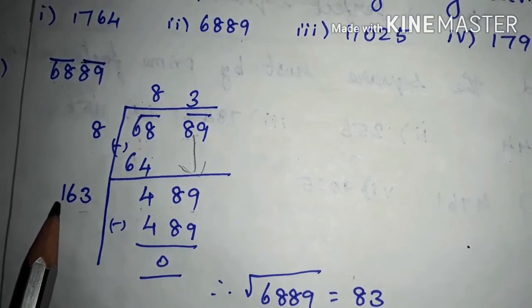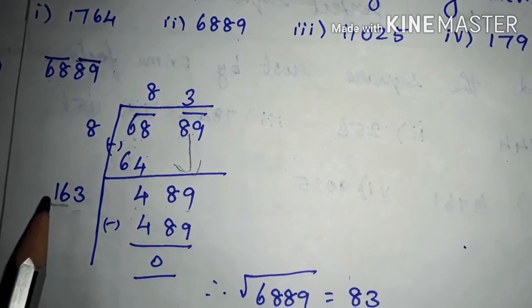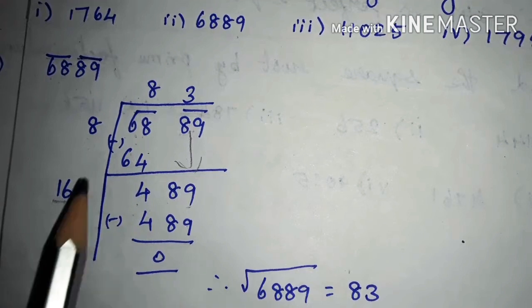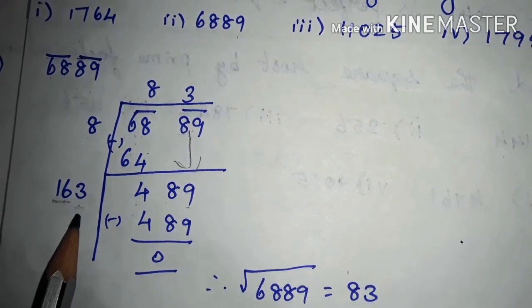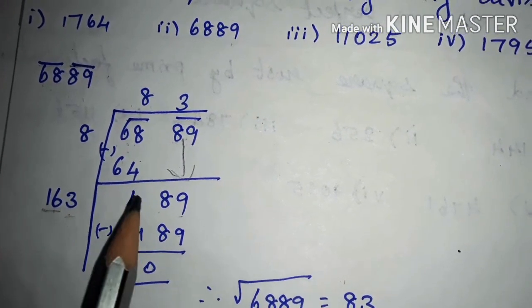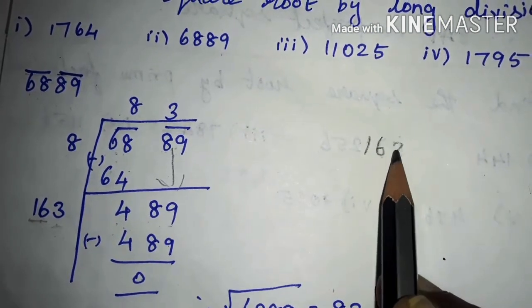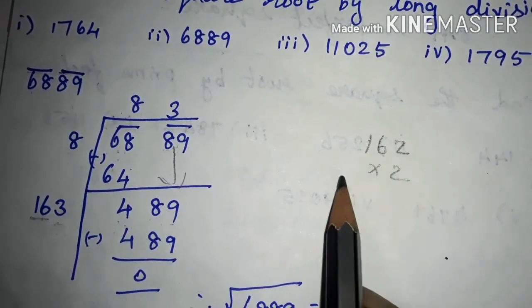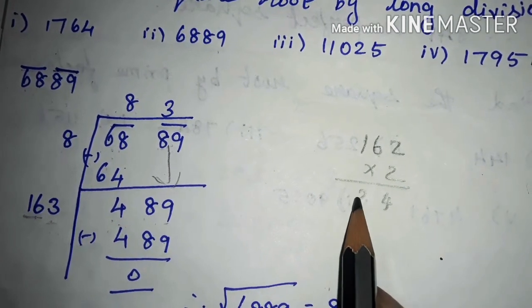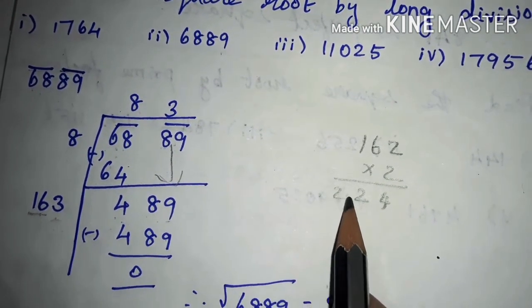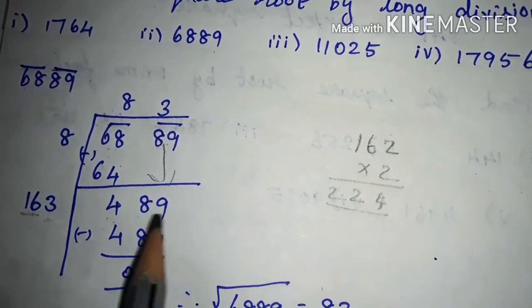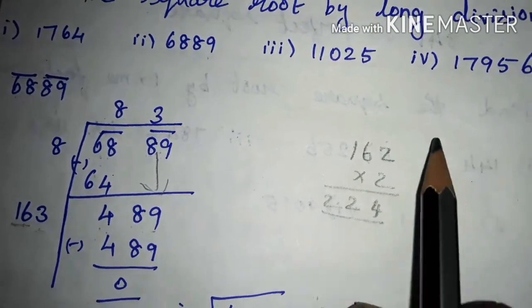We will get 16. With this 16, you have to find which number we can have in the next one's place. This 489, we are having 16. If you multiply it by 2, we get 4, 12, 224. 489 is not equal to this one.